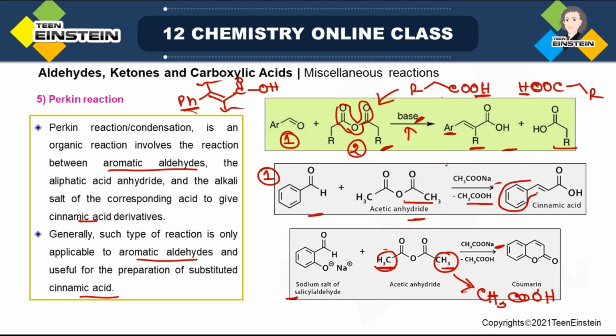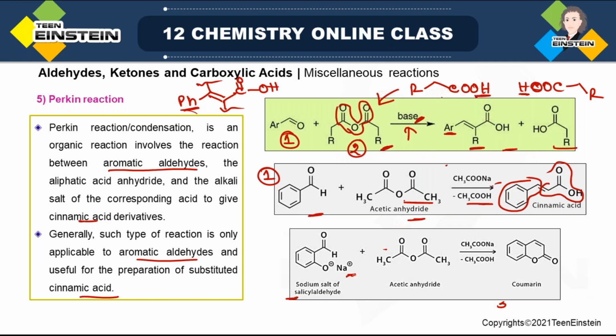So this part is coming from benzaldehyde, and this part is coming from the anhydride. Okay. So cinnamic acid.